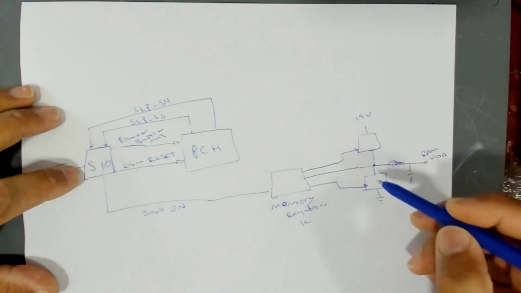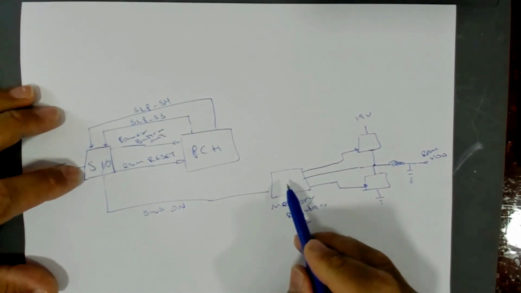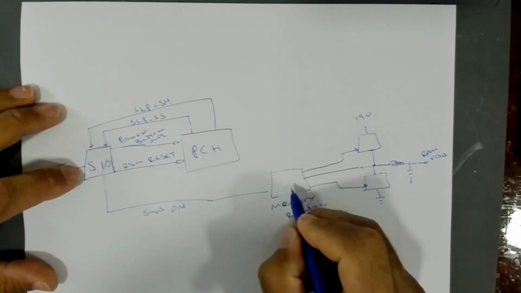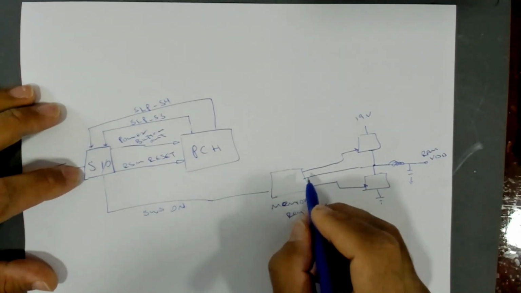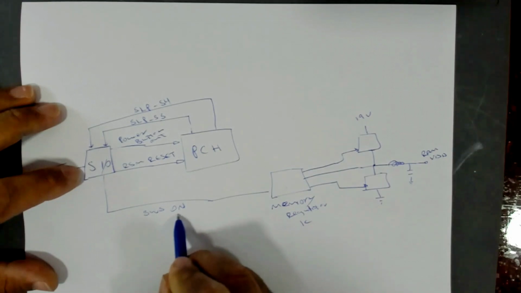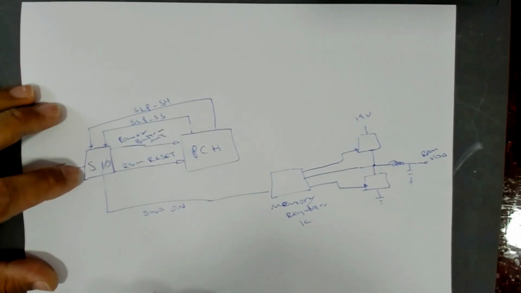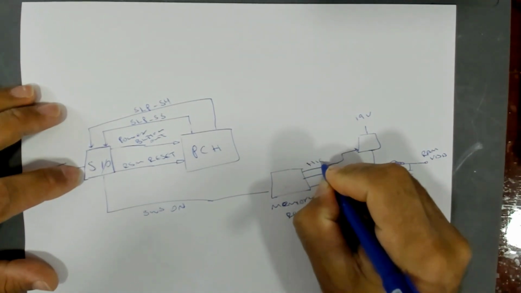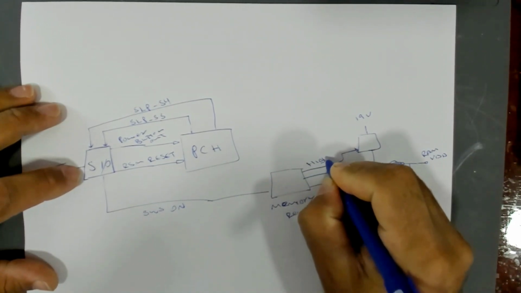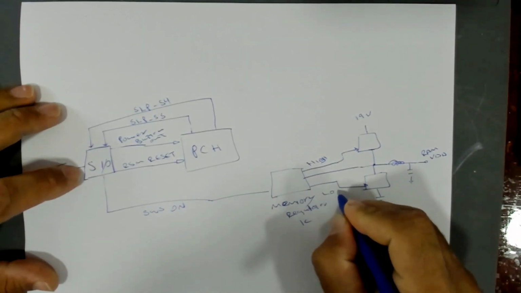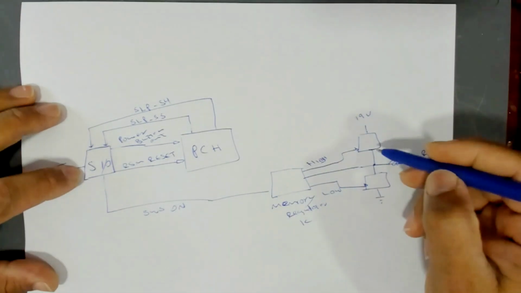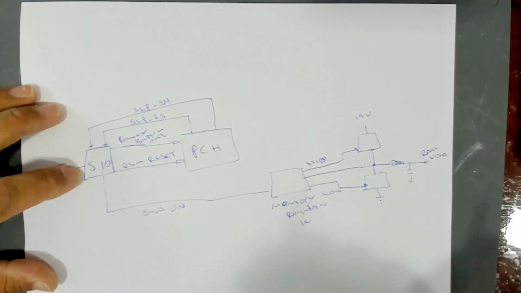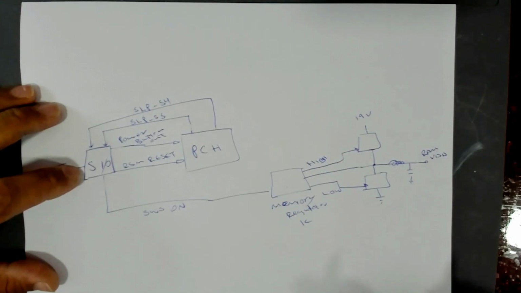So these two MOSFETs are driven by this regulator, and this regulator will only start work when it receives the sus on signal. It will start to drive high side and low side MOSFET to regulate the voltage at the RAM VDD point.